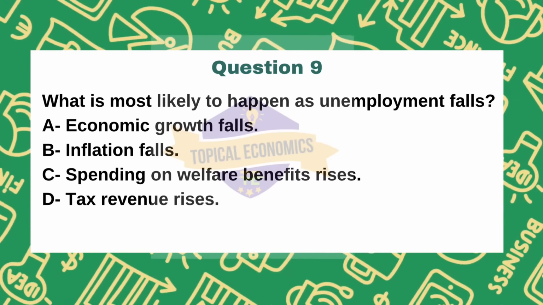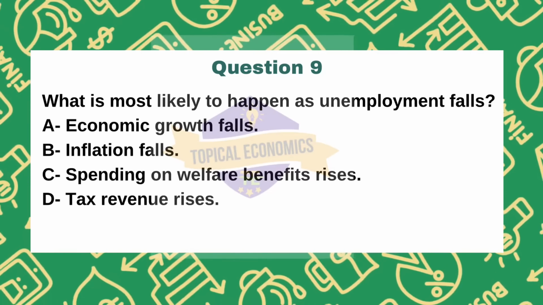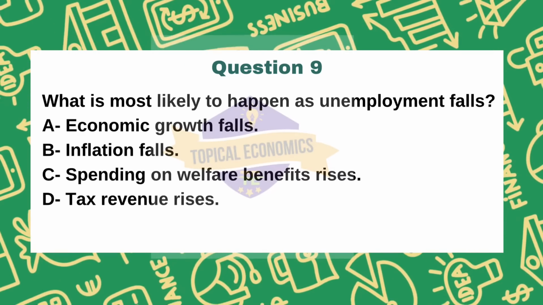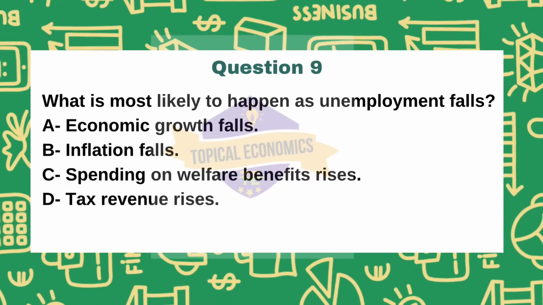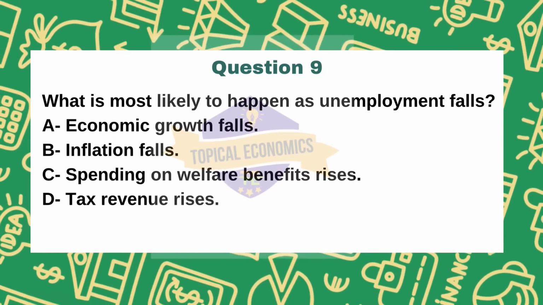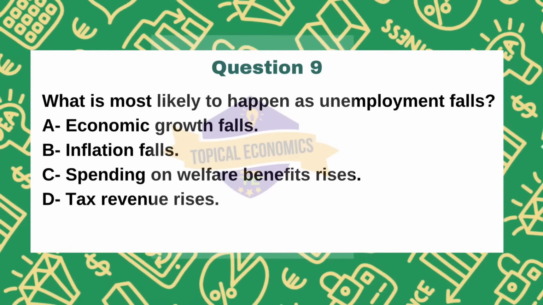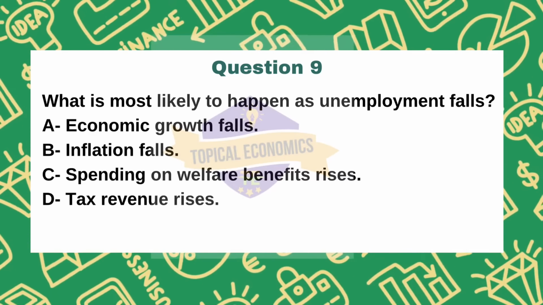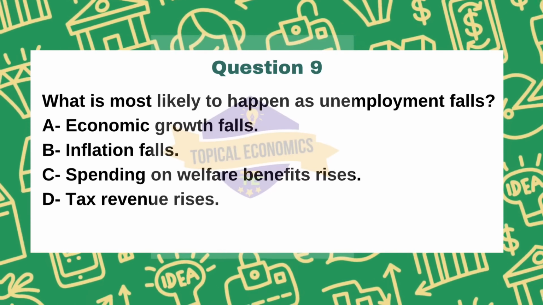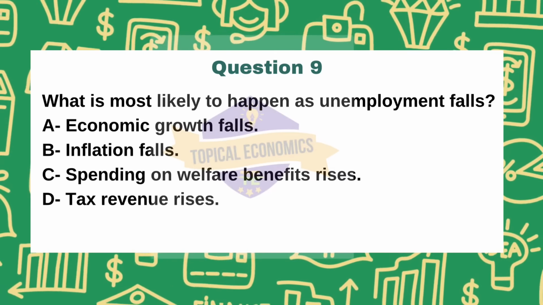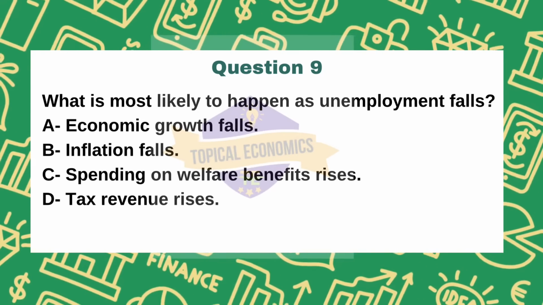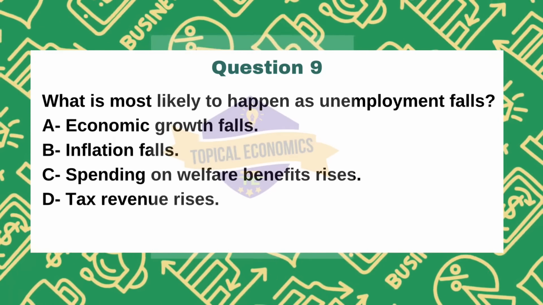As unemployment falls, more people are employed, which typically leads to an increase in overall income and consumption. As a result, individuals contribute more in income taxes, and businesses may earn higher profits, contributing more in corporate taxes. Therefore, tax revenue for the government is likely to rise as unemployment decreases.